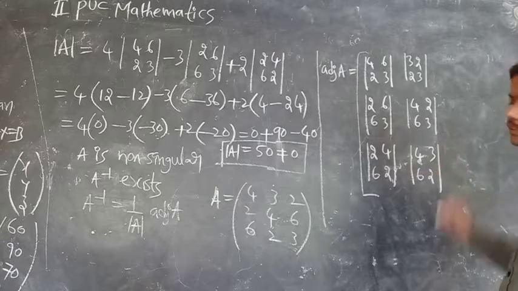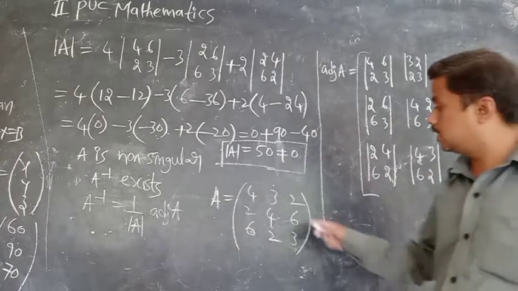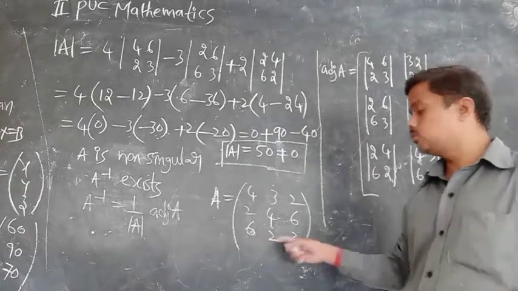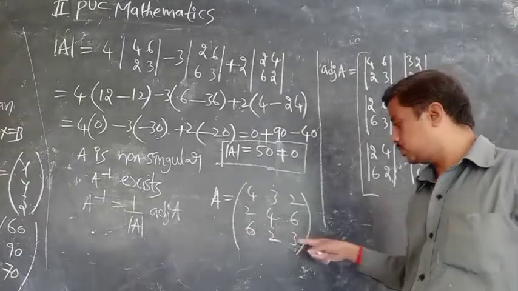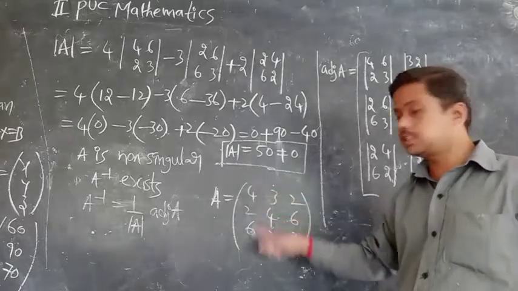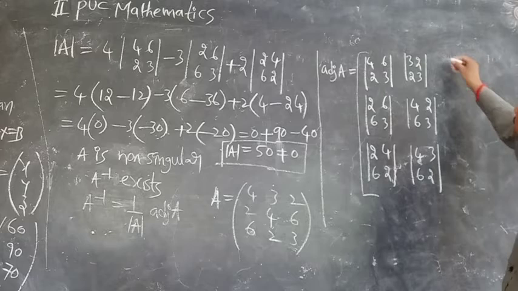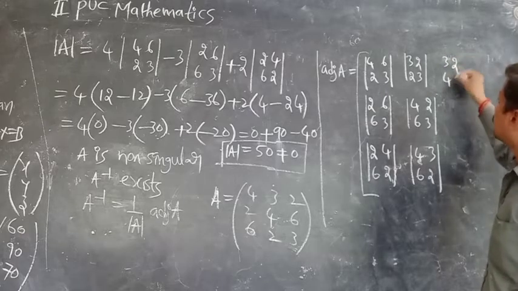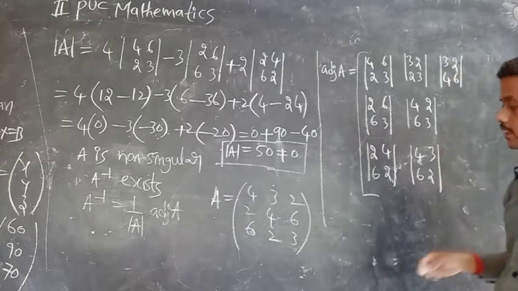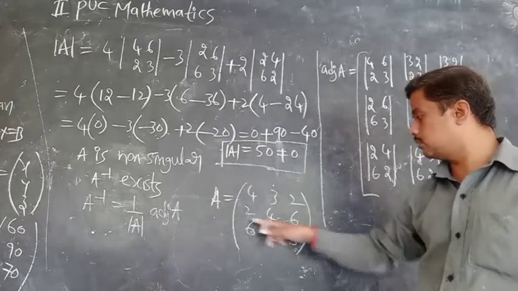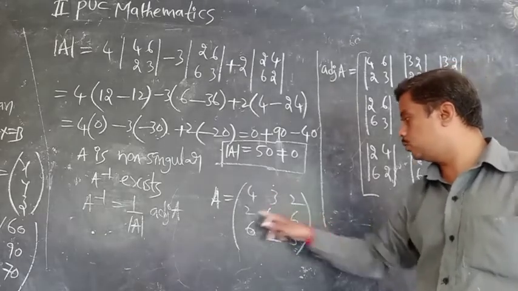Next we will move to the last row. 6 lies in third row, first column: 3 2 4 6. Next this one, 2 lies in third row, second column: 4 2 2 6.